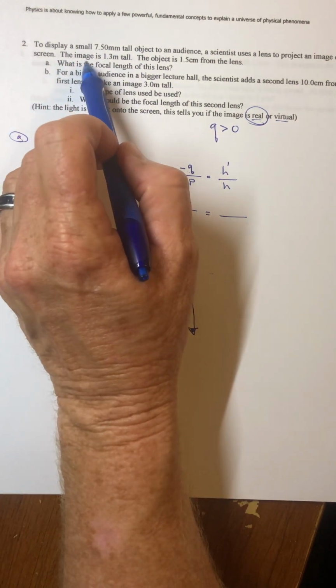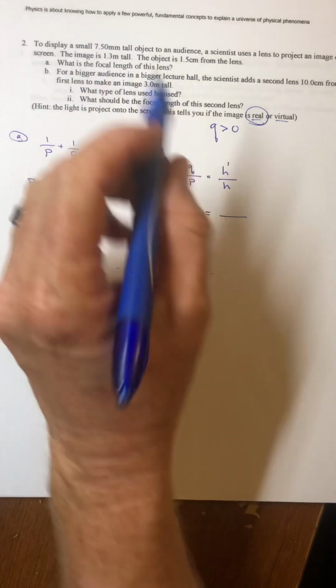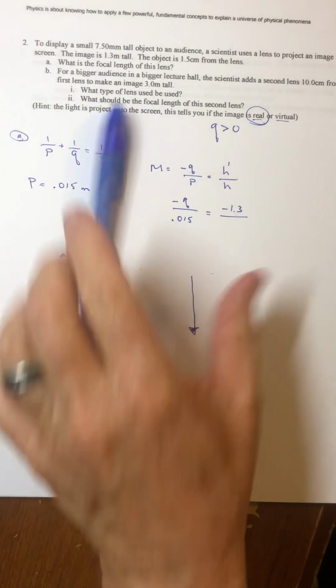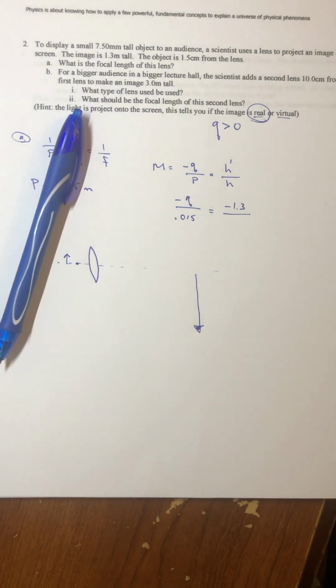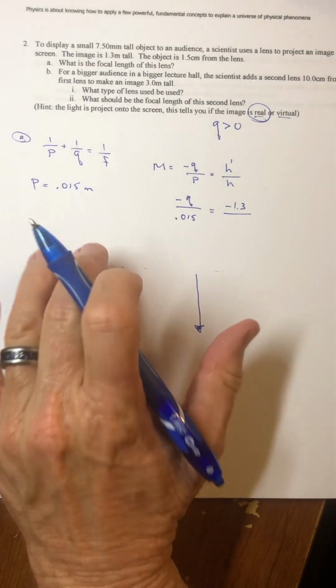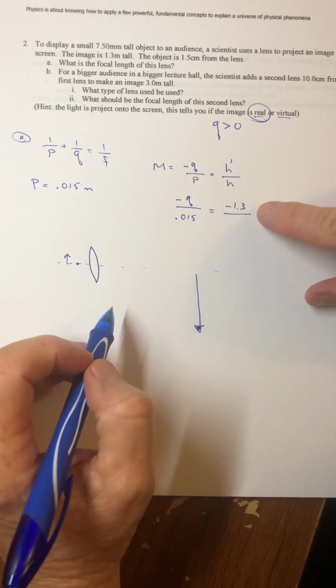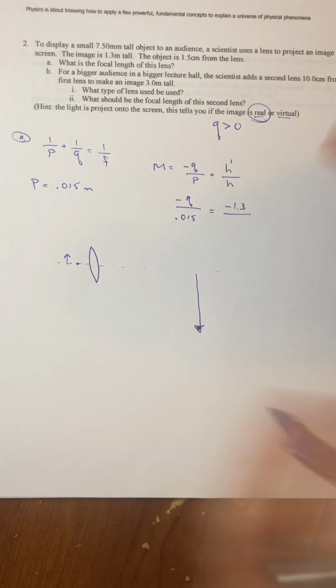So they just tell us that the image is 1.3 meters tall. But what they don't do here is directly tell us that it's inverted.